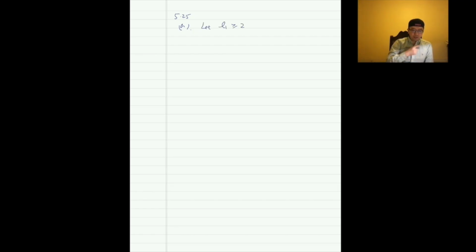Then let's see what the contradiction is. As we introduced in class, under this condition, what we may want to show is that we can find a better code. Since it's an optimal code already, we cannot find a better code, and that is a contradiction, right? Okay, so let's see how we can prove that.